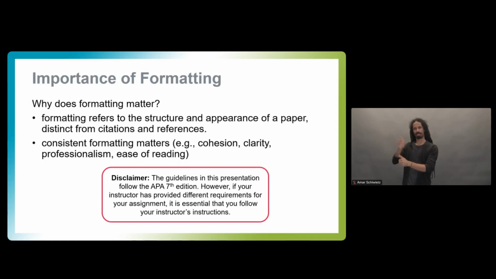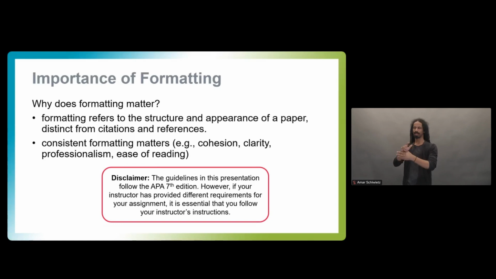So for whatever reason, your instructor may feel in some of your courses or even for certain assignments that while the APA 7th edition says to do this for some particular formatting element, they may have a personal preference, or they may feel that an assignment requires something a little bit different, so they ask you to do something differently. So in that case, please always follow those instructions from your instructor. That should be the most important thing that you listen to.